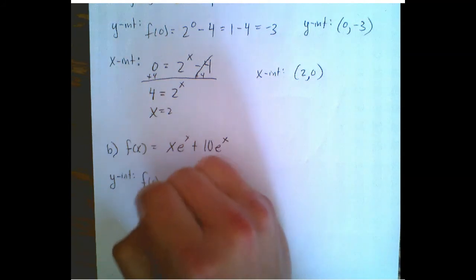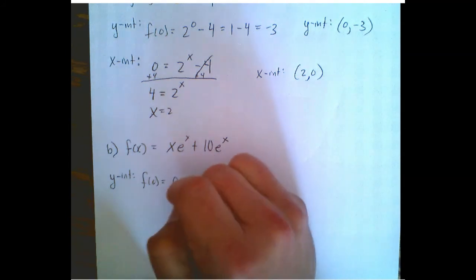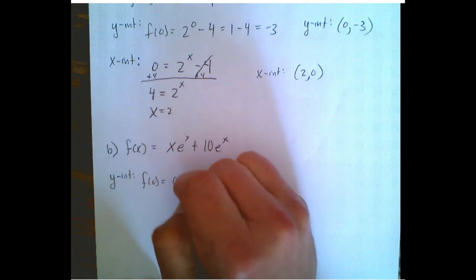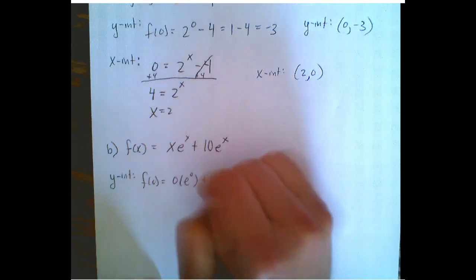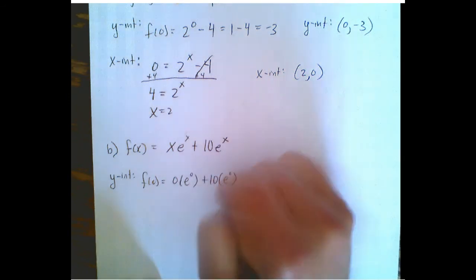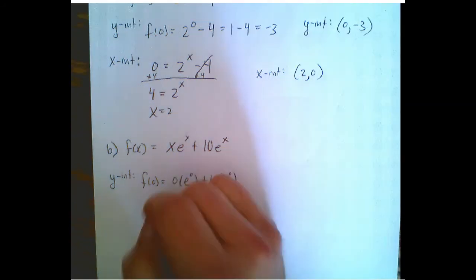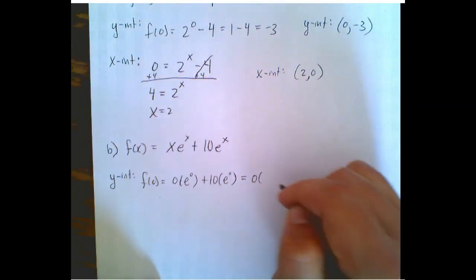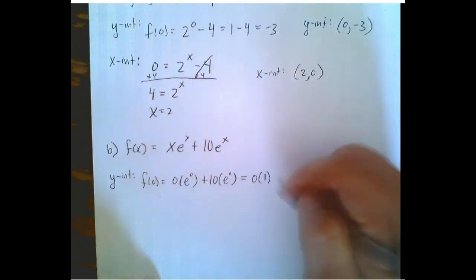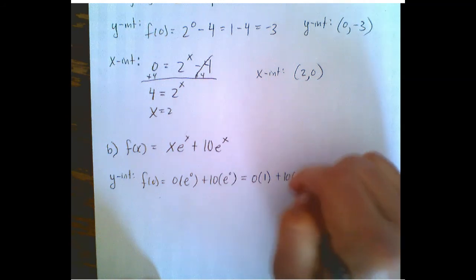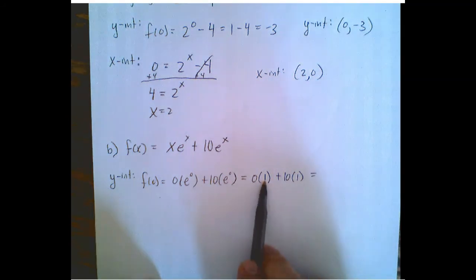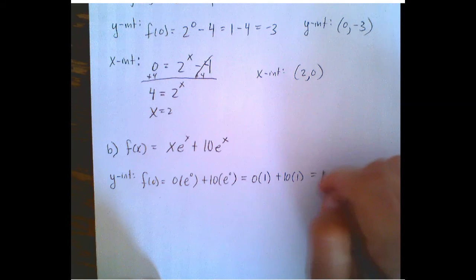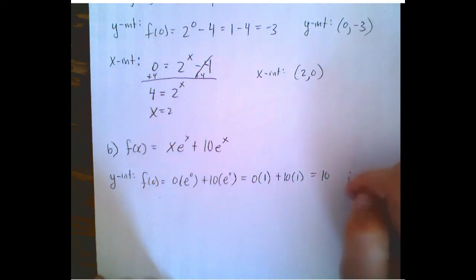So f of 0 is 0 times e to the 0 plus 10 times e to the 0. Anything to the 0 power is 1, so 0 times 1 is 0, plus 10 times 1. That's 10. So our y-intercept is 0, 10.